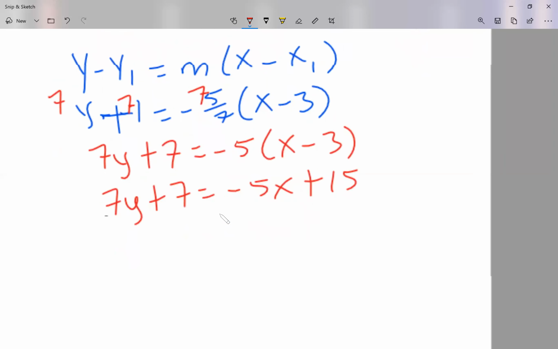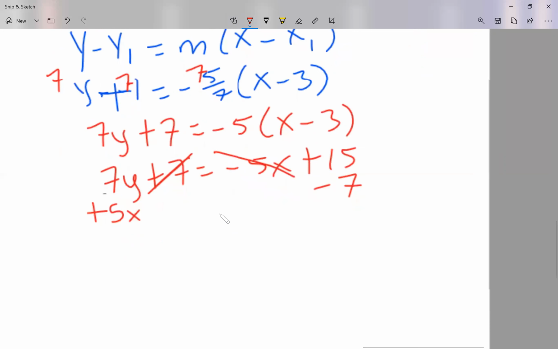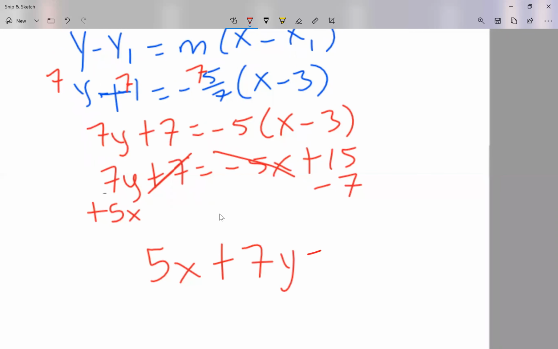Move the letters to the left side. So the negative 5x, move it as a positive 5x. And this plus 7, move it over as a negative 7. Letters on the left and no letters on the right. So that gives me 5x plus 7y is equal to 8.